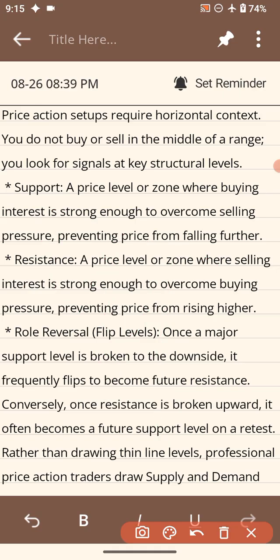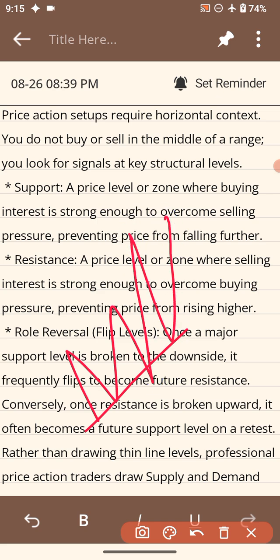And then a resistance is this. Let me draw a line for a resistance. So this is a resistance. The market is hitting this level and it keeps hitting it and resisting, and then you buy because it's here again. So let's say the market was ranging in the middle of this area.